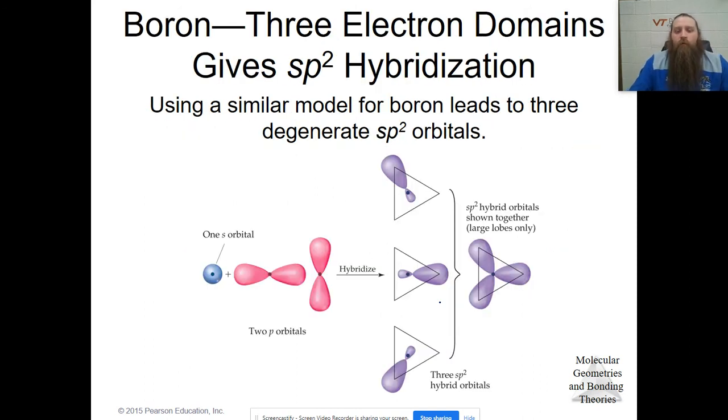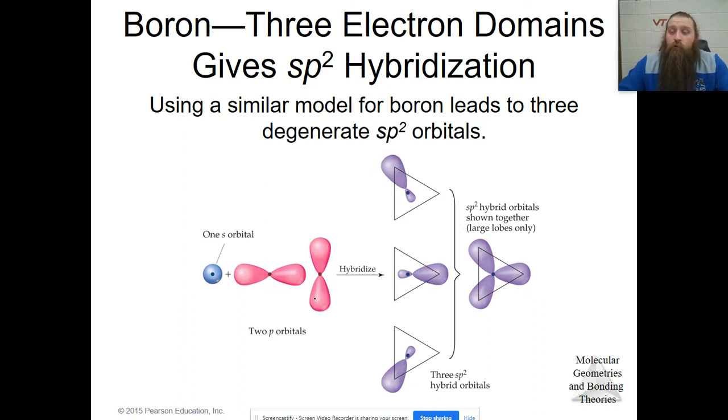If you go up and you start to look at things with three electron domains, so things like an s and two p orbitals, then we get what's called sp2 hybridization. So we have one s, we have two p orbitals that we're using. And so now we look at it and we say, okay, well, where are they in space? Well, as the s and the p combine, you're going to make a larger lobe, a larger lobe, a larger lobe.